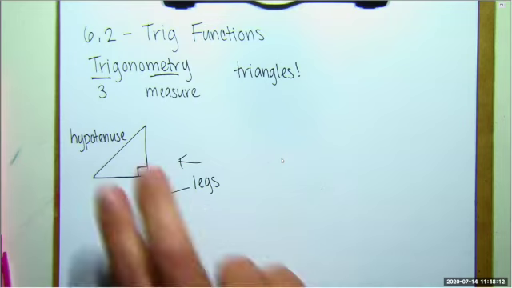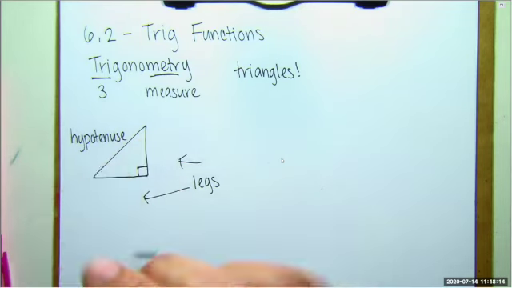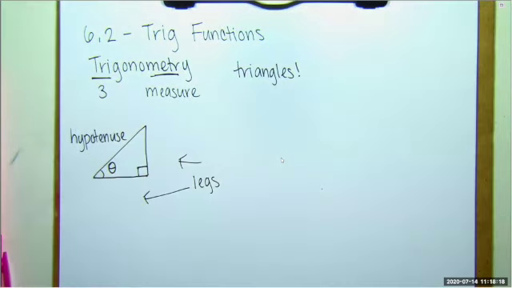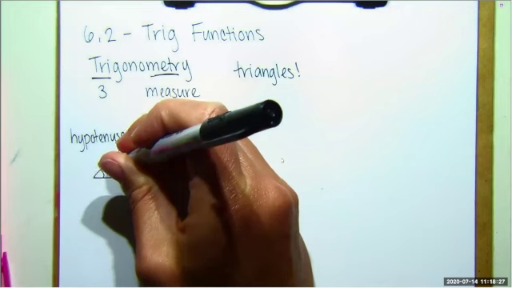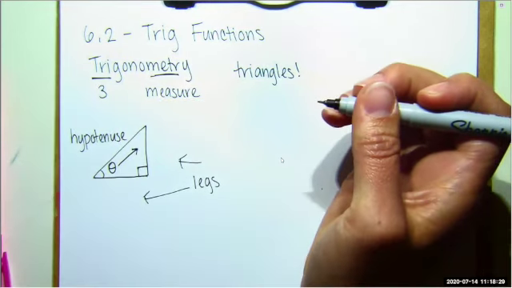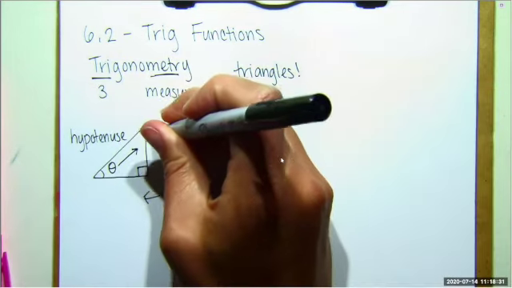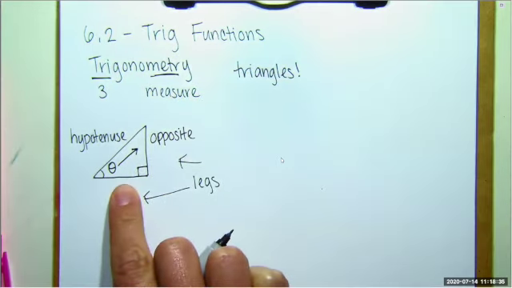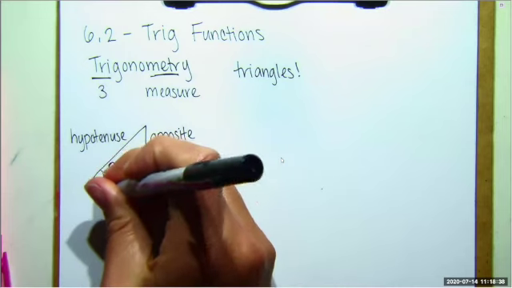We have 2 other angles here, so I'll pick this bottom angle theta. This is my angle of reference. Based on this angle of reference, the leg that is across from theta is called opposite, and the leg that is next to our angle theta is called adjacent.